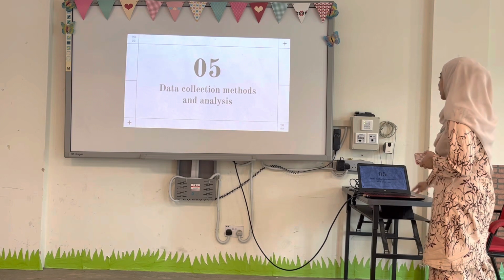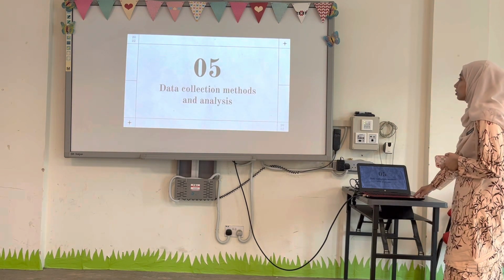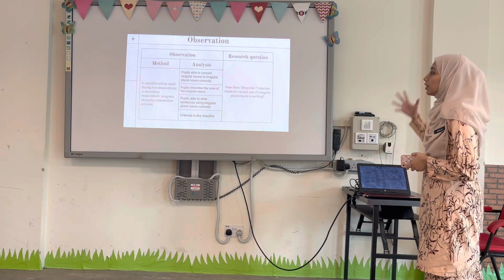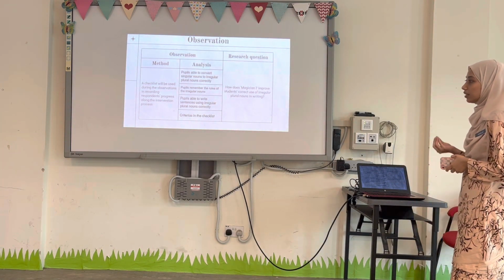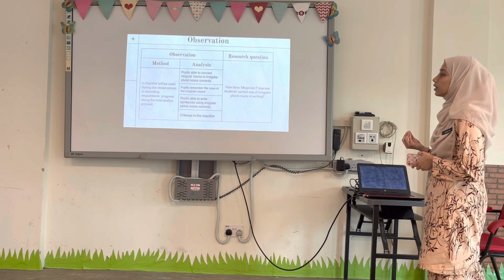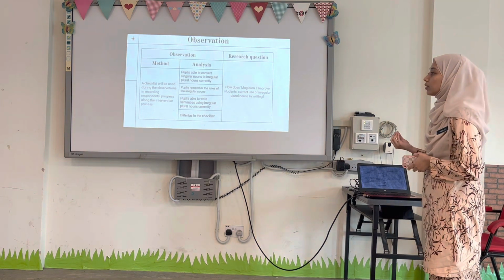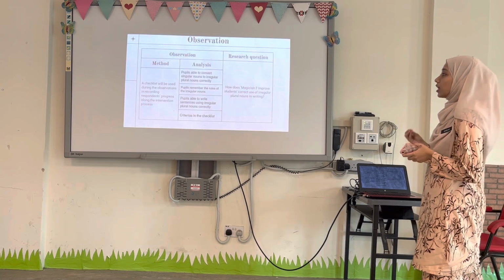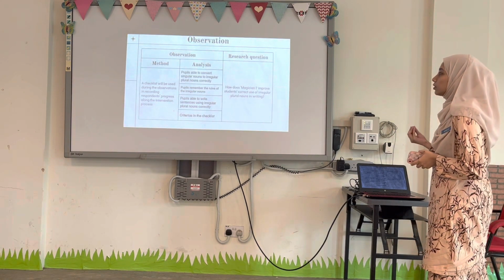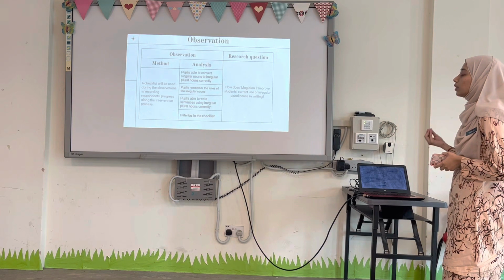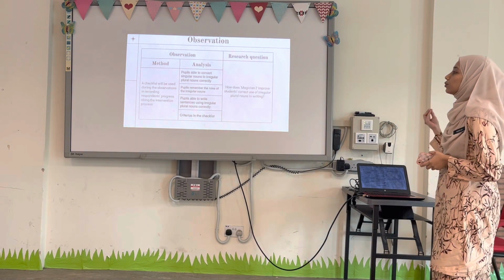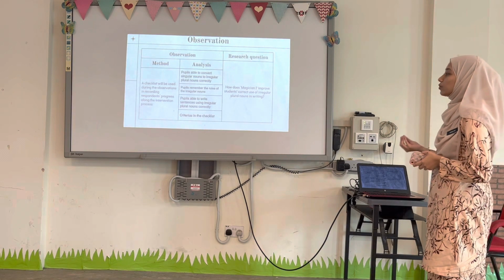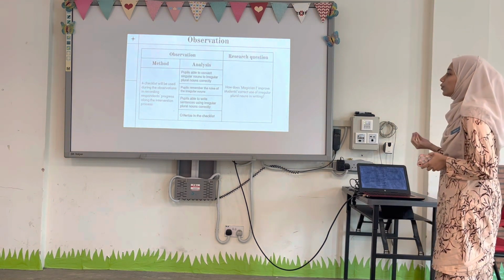Next one is the data collection methods and analysis. There are also 2, and the first one is the observation. For the method, I'm going to use a checklist during the observations in recording respondents' progress along the intervention process. For the criteria in the checklist, there are 3, which are pupils able to convert singular nouns to irregular plural nouns correctly, to remember the rules of the irregular nouns, and the last one is able to write sentences using irregular plural nouns correctly.